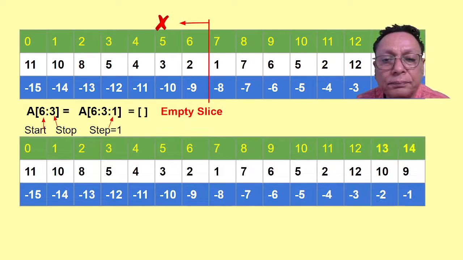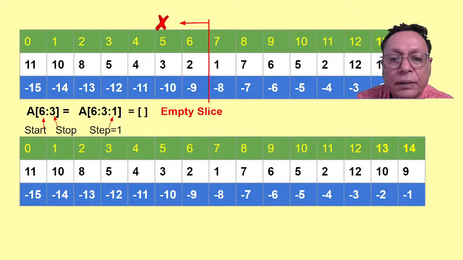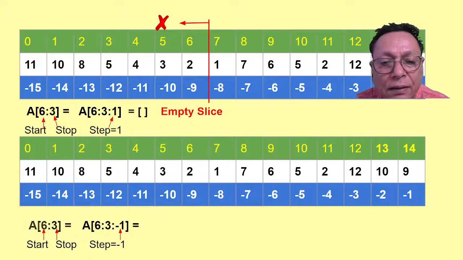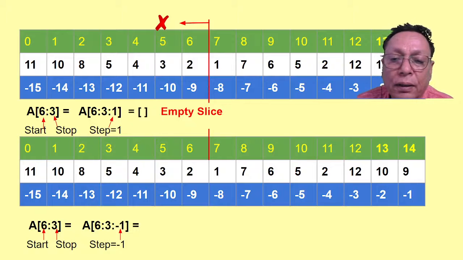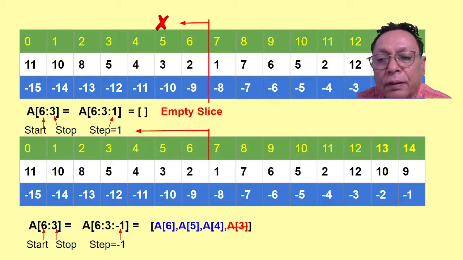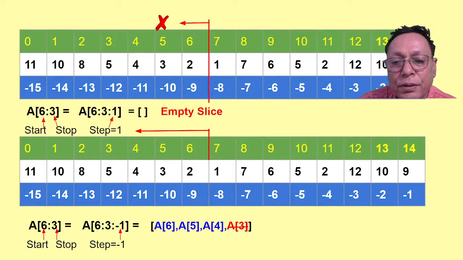An example: in this list, if you want to get the slice, the starting index is 6 and the ending index is 3, but this time the step is -1. It means you are moving right to left, from A6, then A5, then A4, then A3, and A3 is excluded in this case.